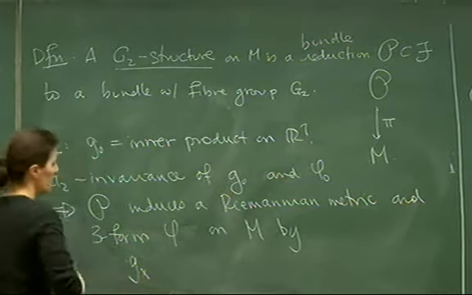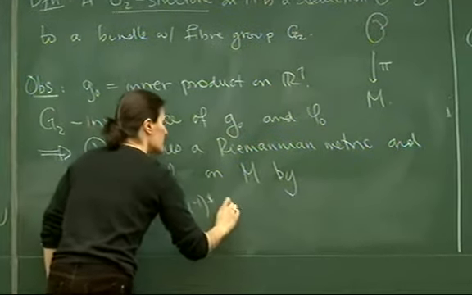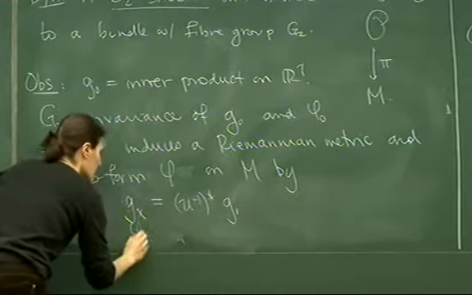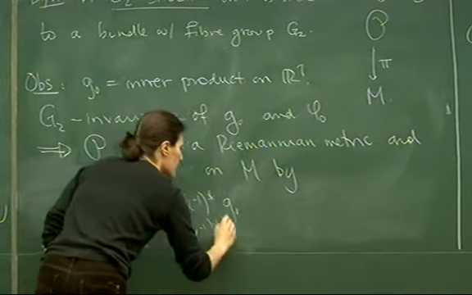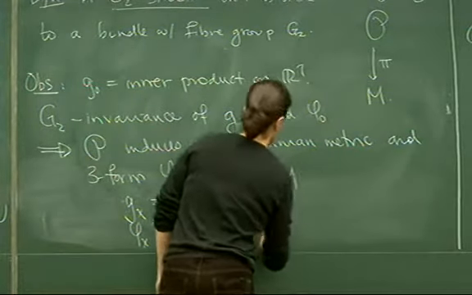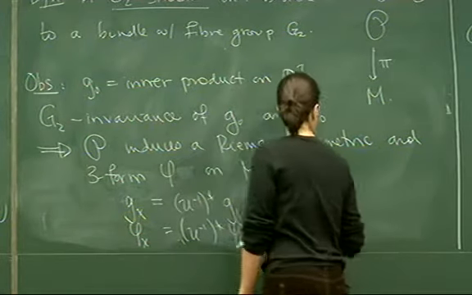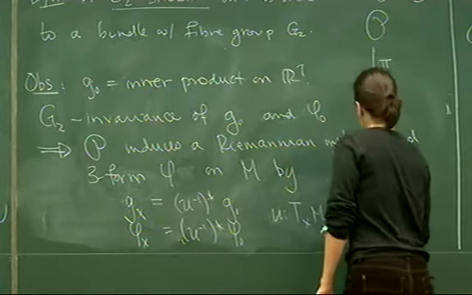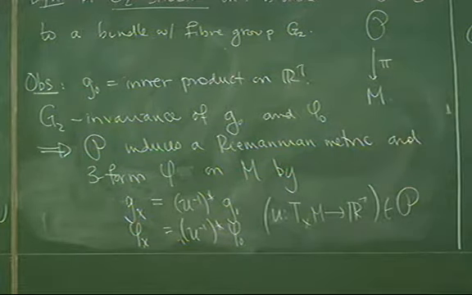The metric g at a point x will just be the pullback by u of g naught, and the three-form phi at a point x will similarly be the pullback of phi naught, where here u is one of the linear isomorphisms from the tangent space at x into R7 which lies within our principal G2 bundle.